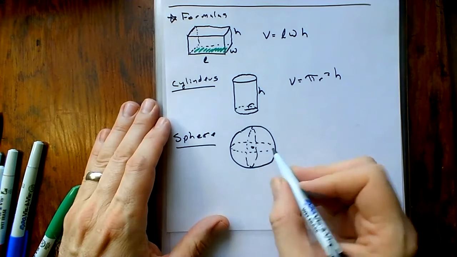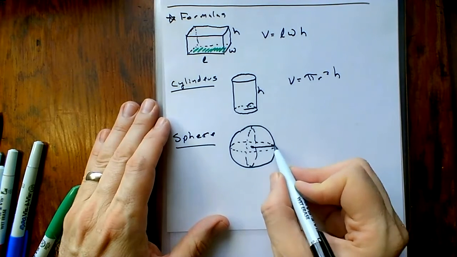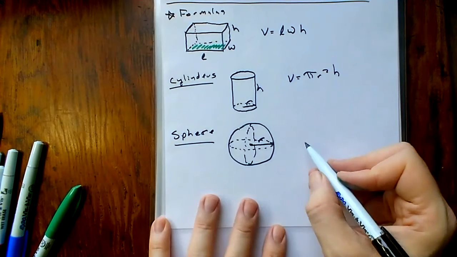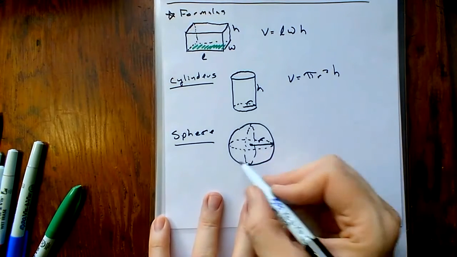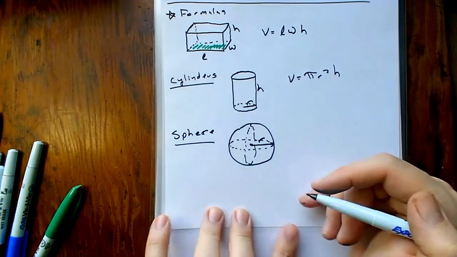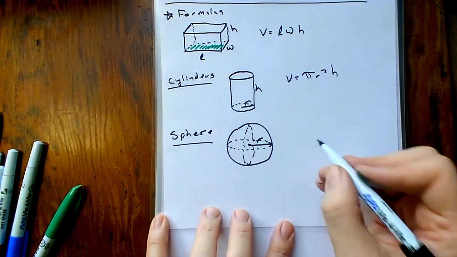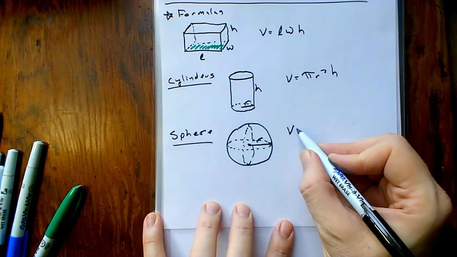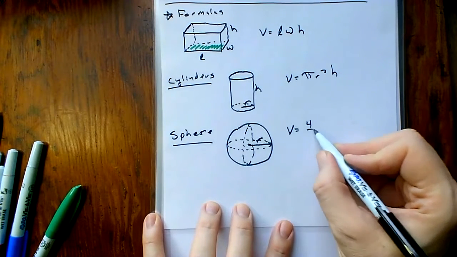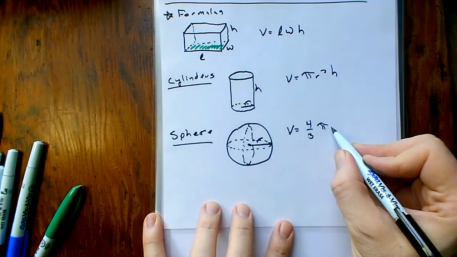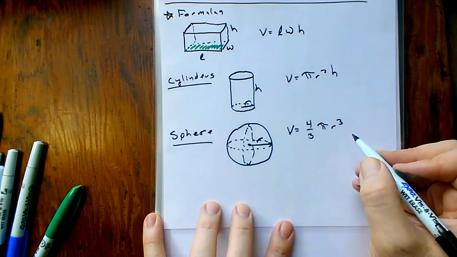But once again, you're going to be given a radius. With a sphere, I don't have a constant cross section every time I divide this up. So figuring out the volume is a little bit different. Here we've got another factor involved, and it's 4/3. And this time it's just going to be pi times your radius cubed.